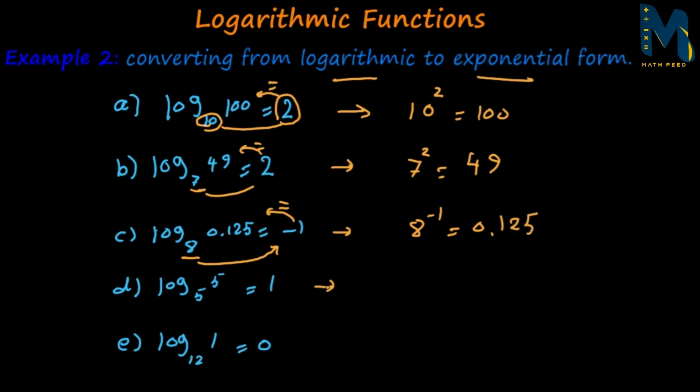Here, we have 5 to the power 1 equals 5. And here, we have 12 to the power 0 equals 1. This is how we convert from logarithmic to exponential form.